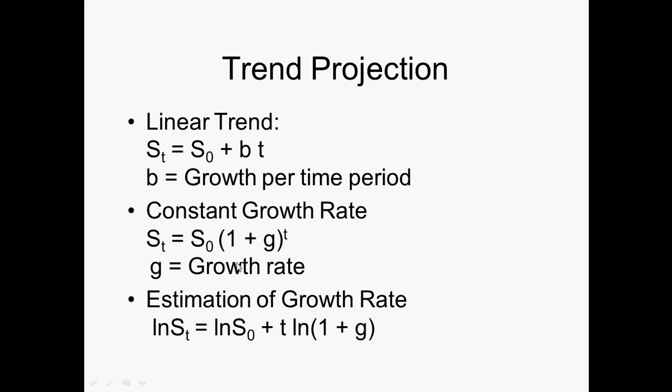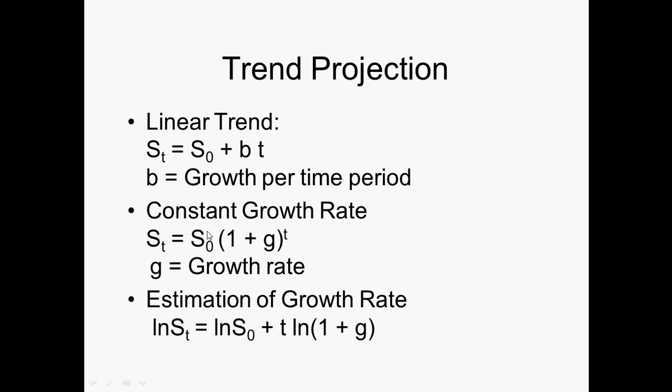The natural logarithm function has this ability to sort of remove exponents. It turns multiplication into addition, and it turns exponent into multiplication. So you notice that in this constant growth rate function, you've got St. That turns into ln St. So that's just applying the ln function. S0 turns into ln S0 as well.